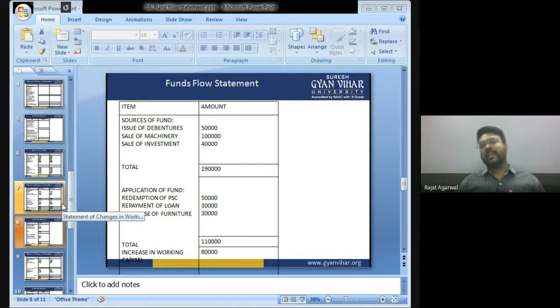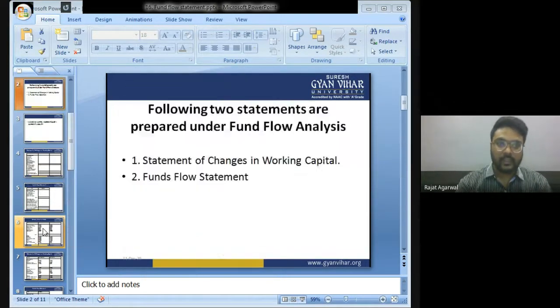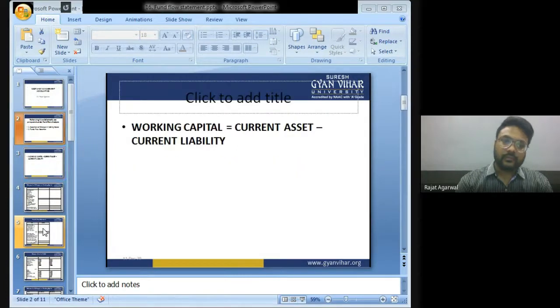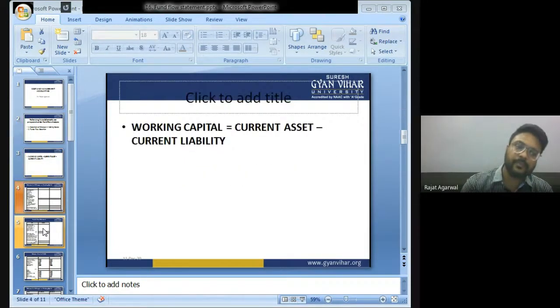So bachcho, is there any problem now? You all have understood what is a fund flow statement and statement of changes in working capital? Is there any problem? So bachcho, in fund flow analysis we will make two types of statement: statement of changes in working capital and fund flow statement.